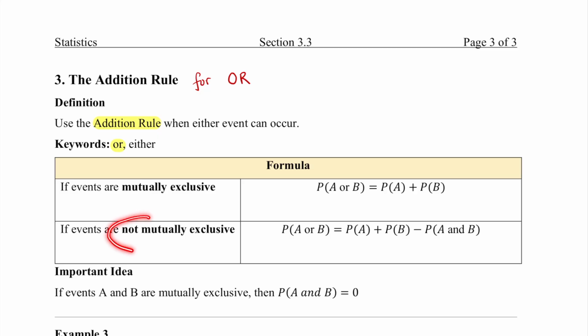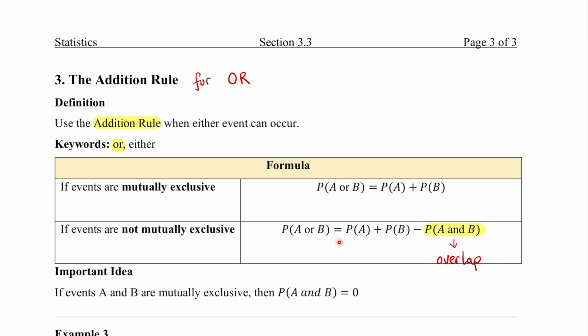For non-mutually exclusive events, probability of A or B equals probability of A plus probability of B minus probability of A and B. In this formula, probability of A and B represents the overlap between the two events. Why do we subtract the overlap?